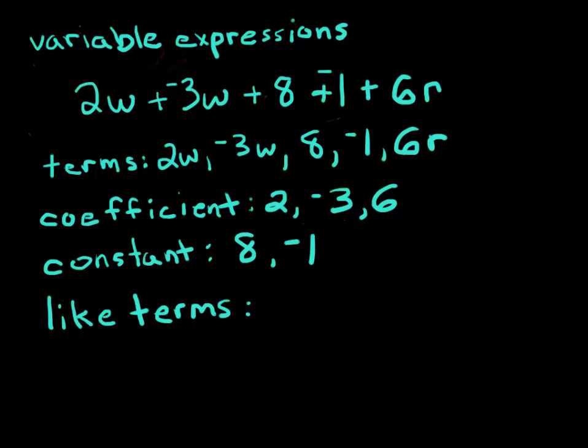So in this expression, I have like terms 2w and negative 3w, as well as 8 and negative 1. So now we've taken a look at variable expressions and broken them down into various pieces.